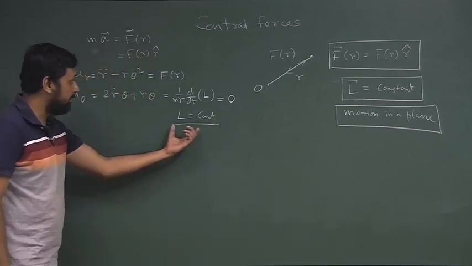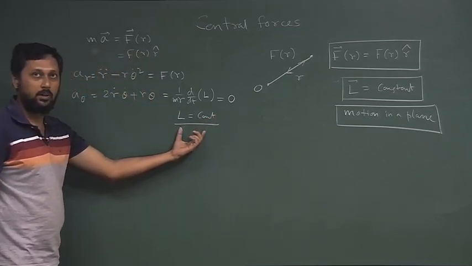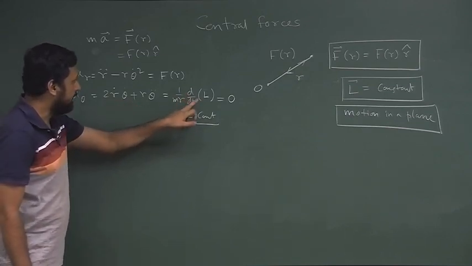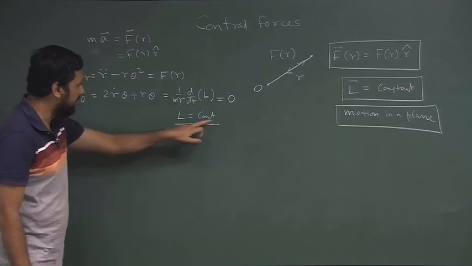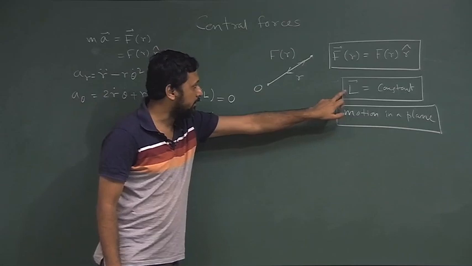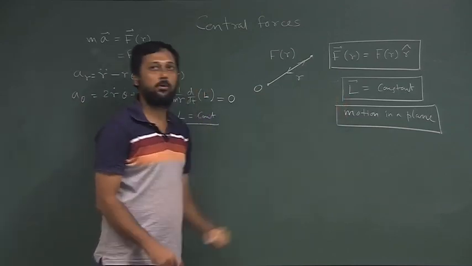But please remember that this L is a magnitude only. So this particular equation, if we consider that dL/dt is equal to 0, only gives us half of the information. The complete information lies here, where we say not only the magnitude, but also the vector is equal to constant.